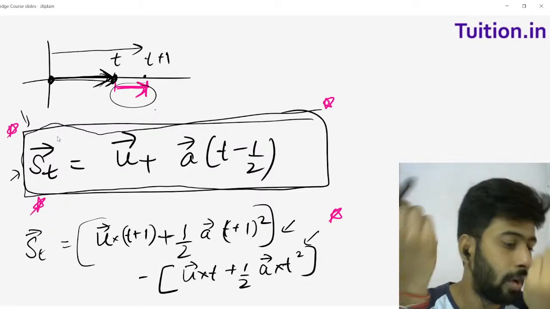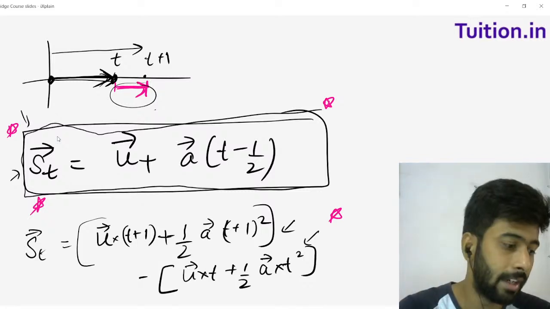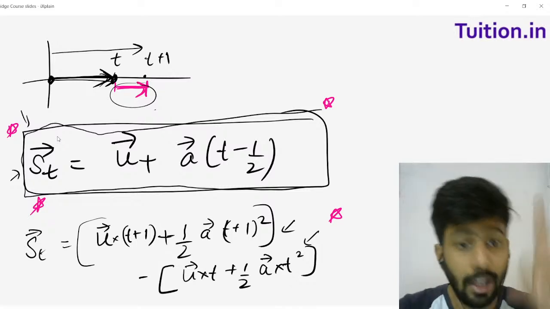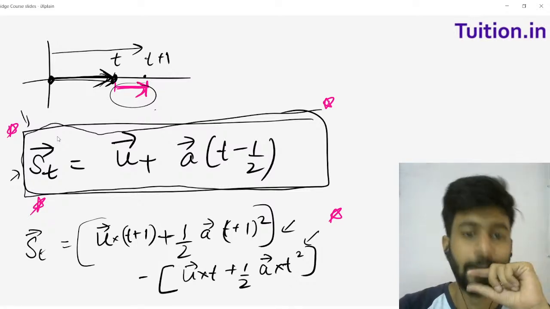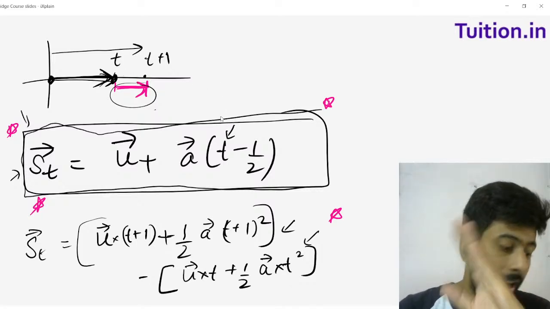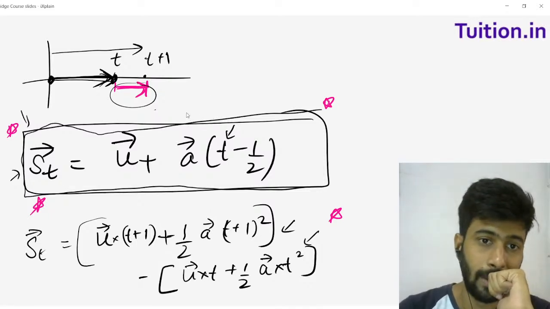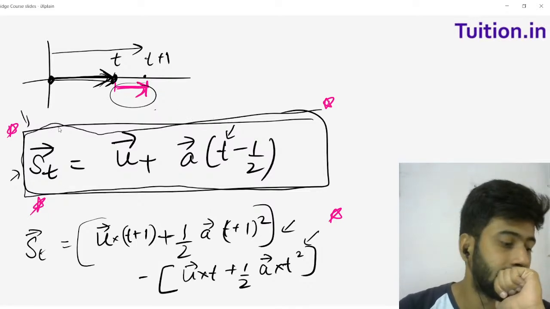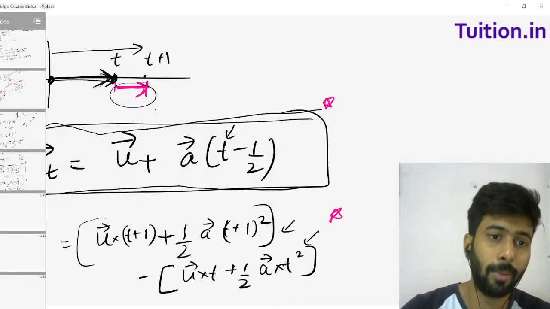You did not know what v bar was. You just did v equal to u plus at, s equal to ut plus half at square, v square minus u square equal to 2as. Now I'm asking you to treat these quantities as vectors. Don't treat time as a vector because time is a scalar quantity, but other quantities in the formula are vectors. Treat them as vectors. And why am I putting so much emphasis on this? Because now you'll realize when I give you the first problem for today.